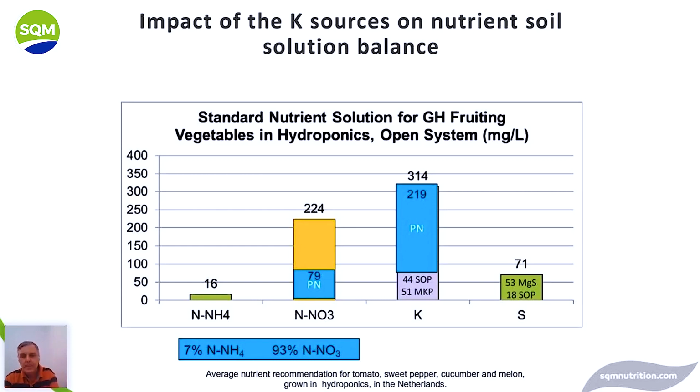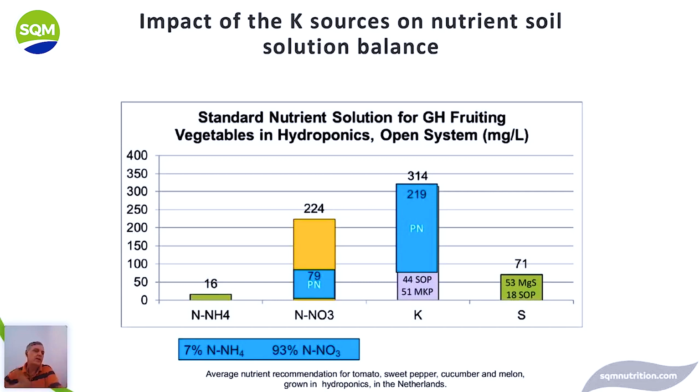If you look to the right, let's start from the right to the left with sulfur. We see that we needed to supply 71 milligrams per liter of sulfur in the nutrient solution for tomatoes, sweet pepper, and cucumbers in the Dutch greenhouses. This 71 milligrams per liter is composed of 53 milligrams that came from magnesium sulfate, because magnesium sulfate is the magnesium source of the nutrient solution.